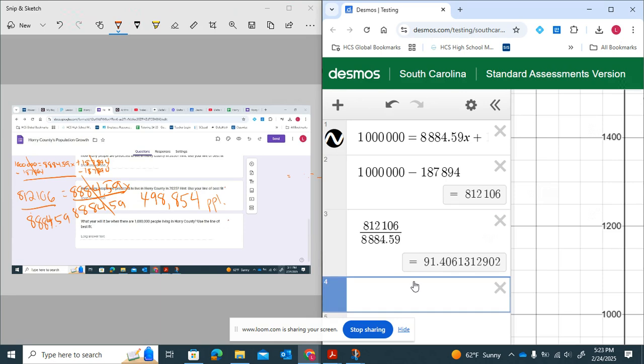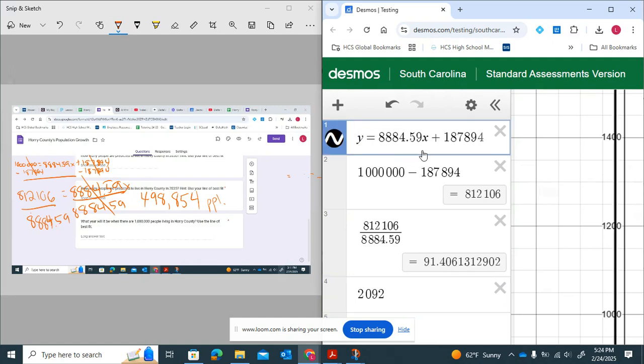So roughly in the year 2091, or 2091.4, so almost close to 2092. In 2092, there would be an absolute guarantee that there would be 1 million people in Horry County.